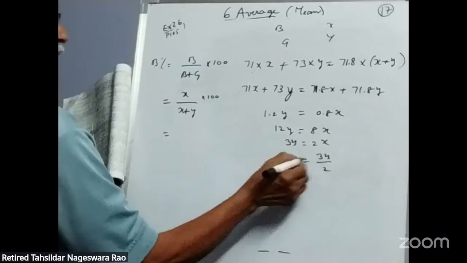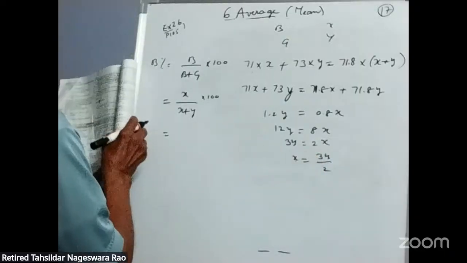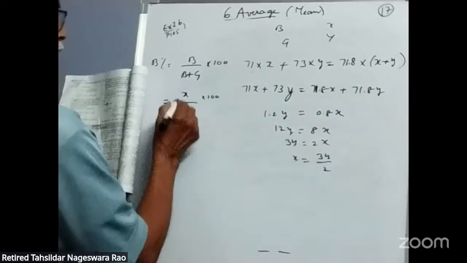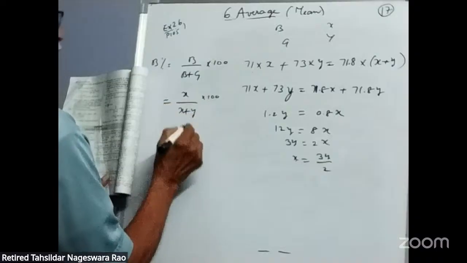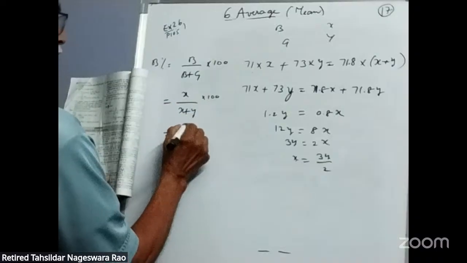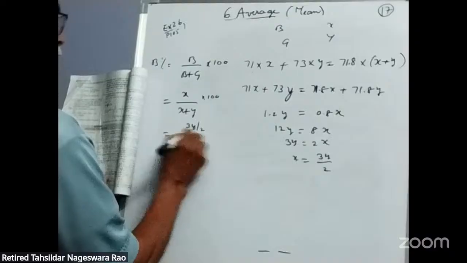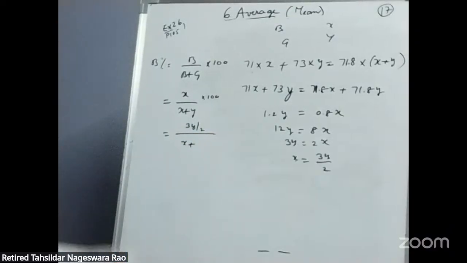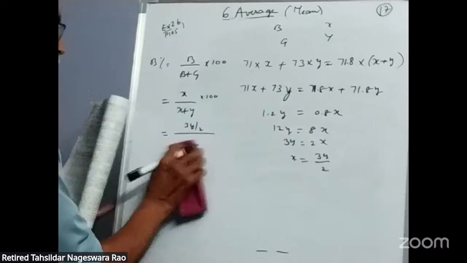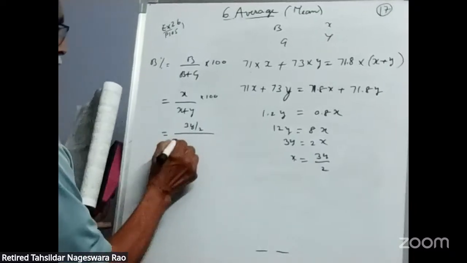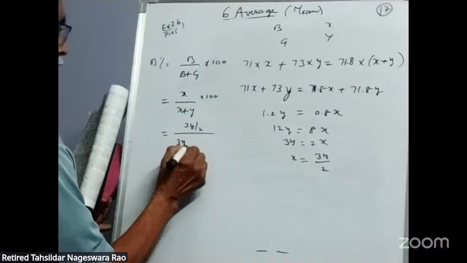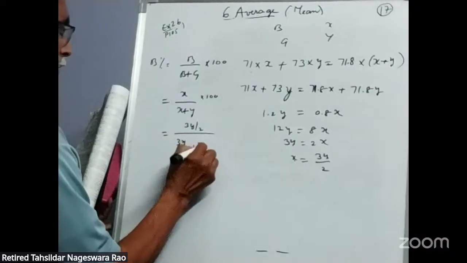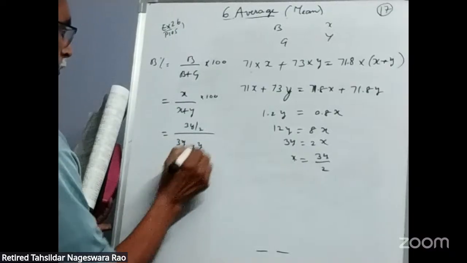Replace x by 3y by 2. So replace one of these two, x or y. x is 3y by 2, by 3y by 2 plus y, into 100.